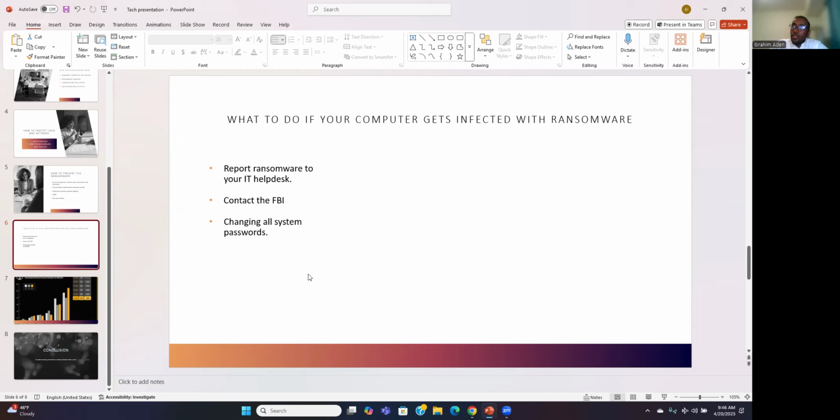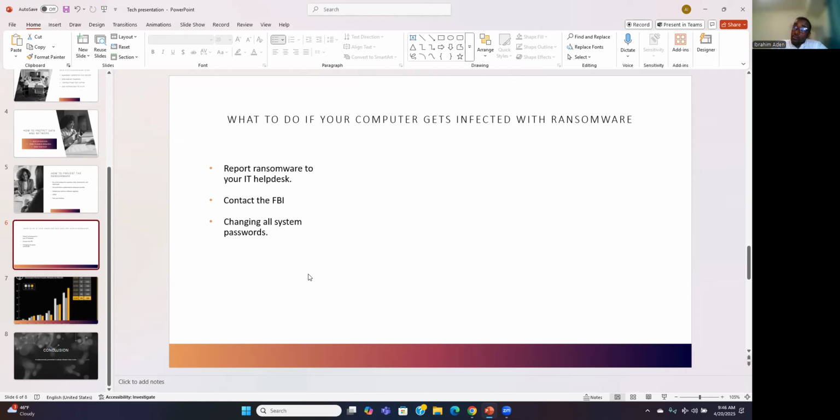Let them know about the incident that happened, so that they can do their part to make sure the computer is safe and deal with the ransomware themselves. Also, you can contact the FBI. They will be able to help you tackle and solve the problems from their side. They also have a department that deals with this, so make sure to share with them as well.